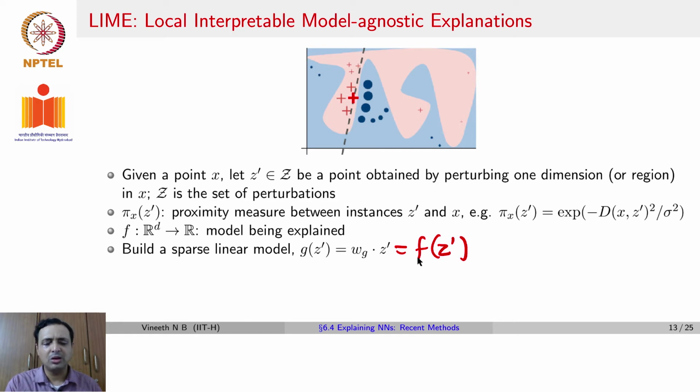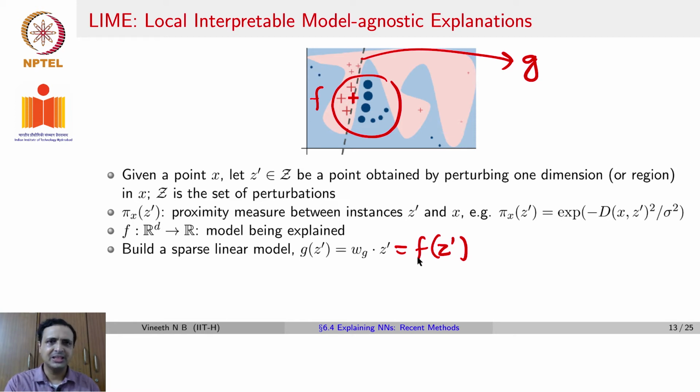What do we mean? Remember that f is this function that's already given to us. g is this linear model that we are trying to develop using only those perturbed examples, and we are saying that g should be learnt in the neighborhood of x in such a way that it makes the same decisions on all of these perturbations that the original model would if you gave those as inputs.